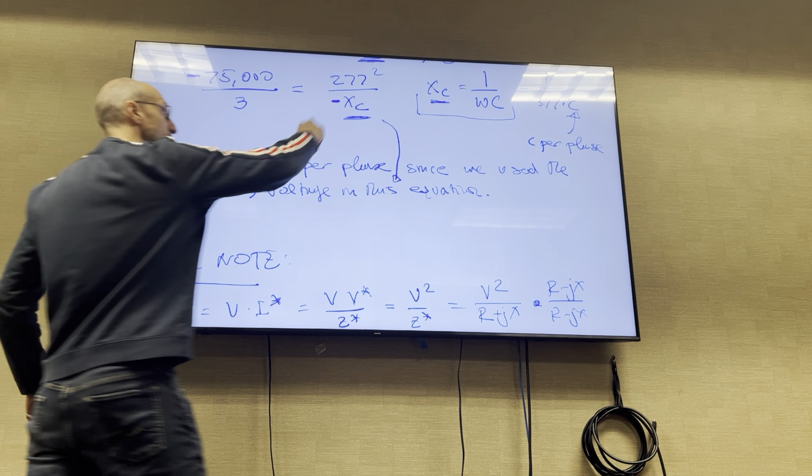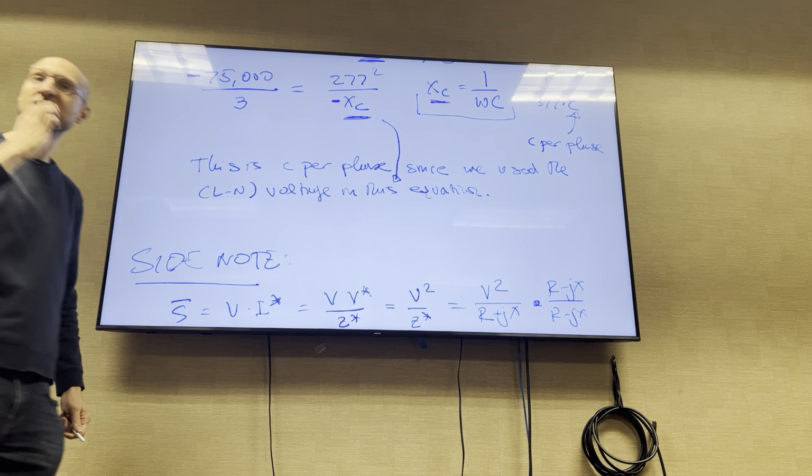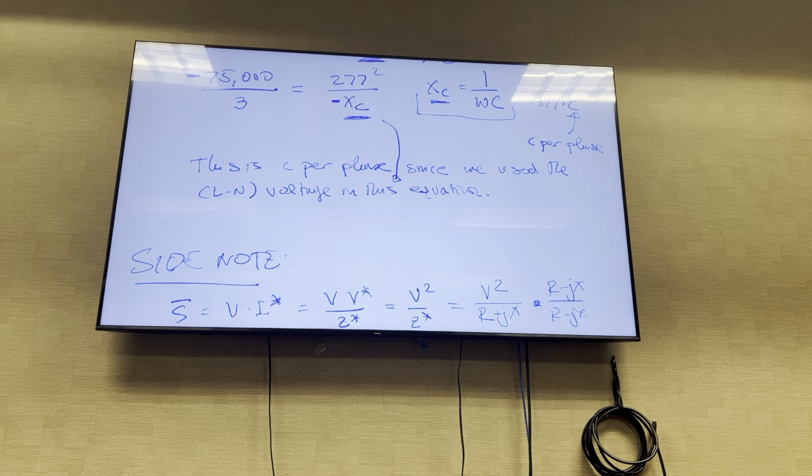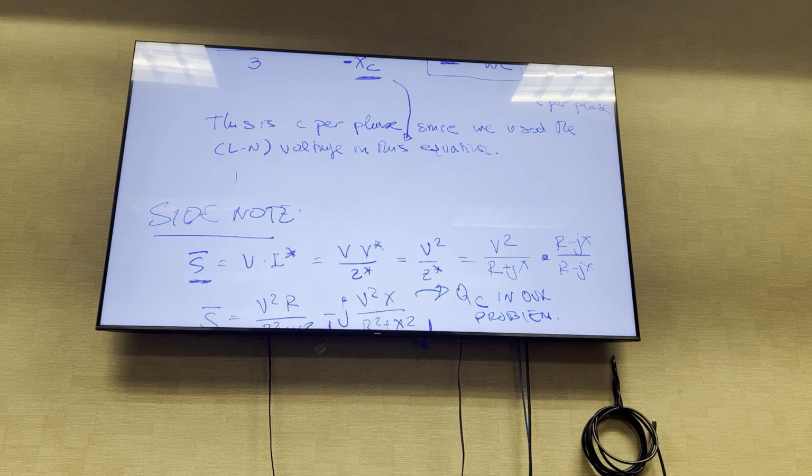Right, so I looked at the voltage in the per phase equivalent. I did all my analysis on the per phase equivalent. And per phase, of course, equals Y connected.